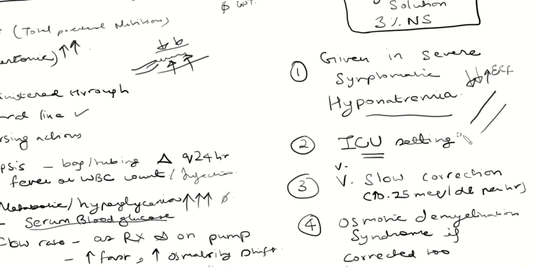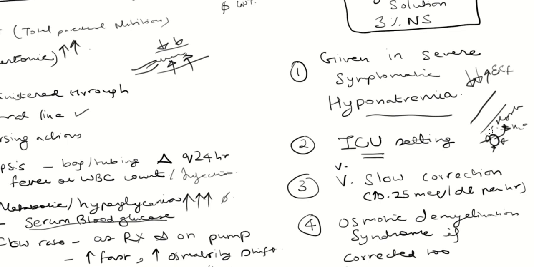Because let's go through this again. Here's the cell, right? If I have hypertonic solution being given, lots of sodium here, which is going to pull the water out. When the water is pulled out, the cell will shrink. So usually it's given in the settings of hyponatremia. So the cell is already swollen up. So usually when you shrink it, the goal is to get it right.